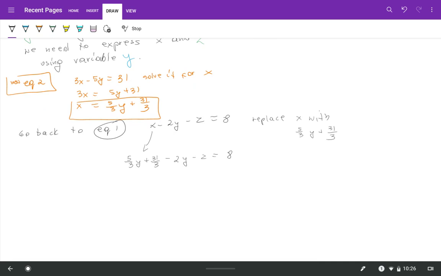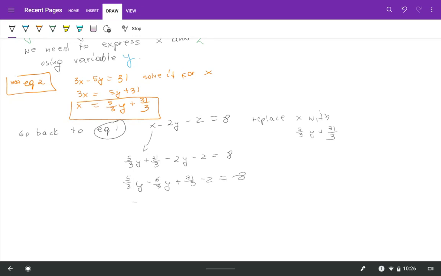Let's simplify that. So we have 5 over 3y minus 2y. 2y is the same as 6 over 3y. So I just rewrite 5 over 3y minus 6 over 3y plus 31 over 3 minus z equal 8.